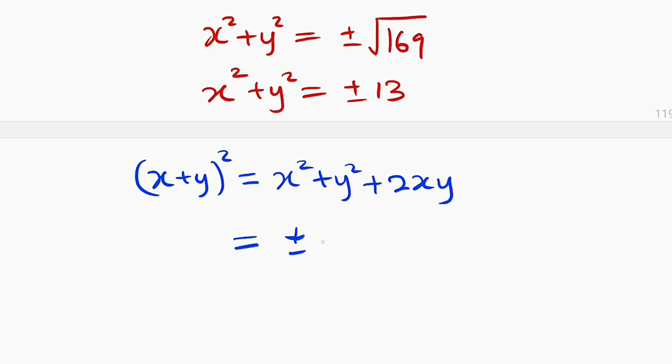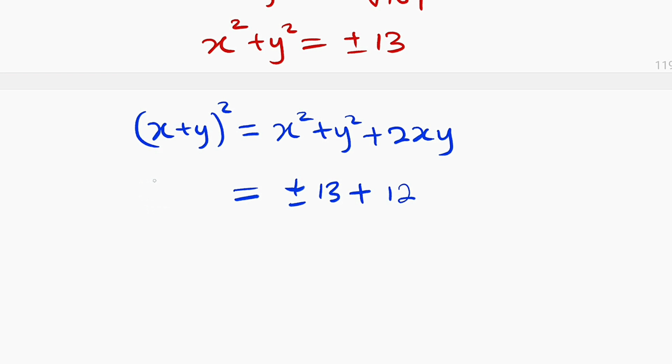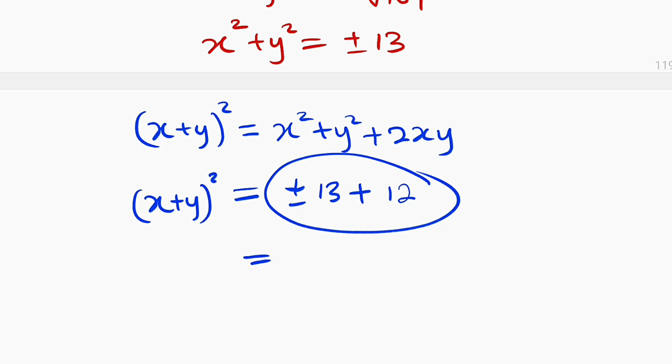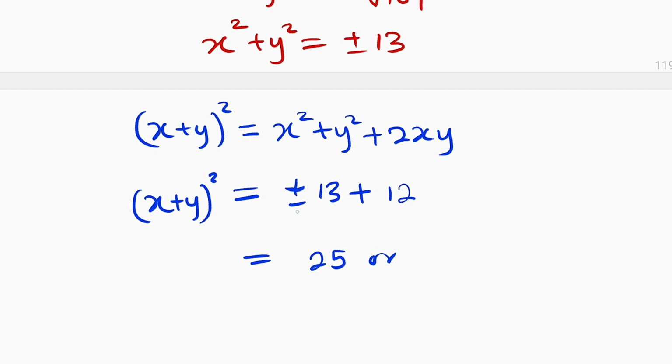So this is plus or minus 13, then plus 2 times 6, because the product of x and y is 6, so we have 6 times 2, which is equal to 12. This is x plus y all squared. But you can see that this is plus or minus 13 plus 12. This is either 13 plus 12, which is 25, or minus 13 plus 12, which is negative 1.